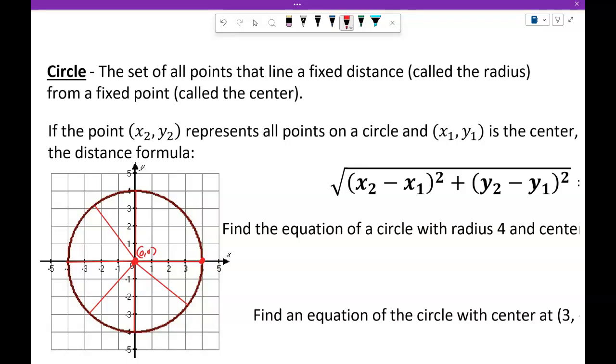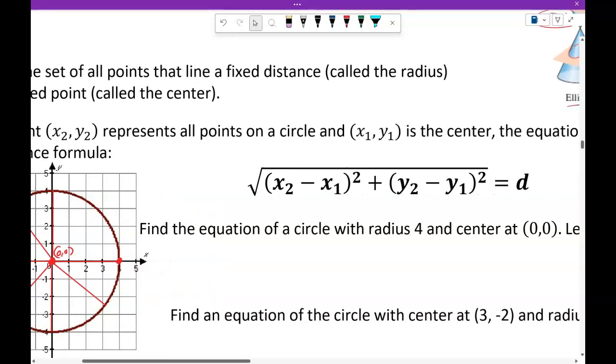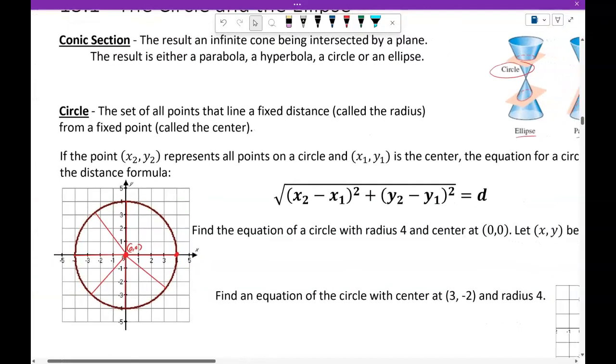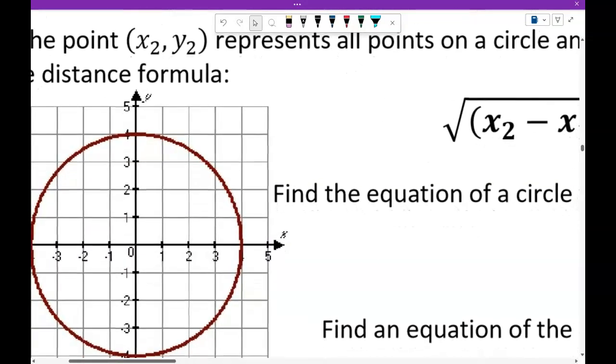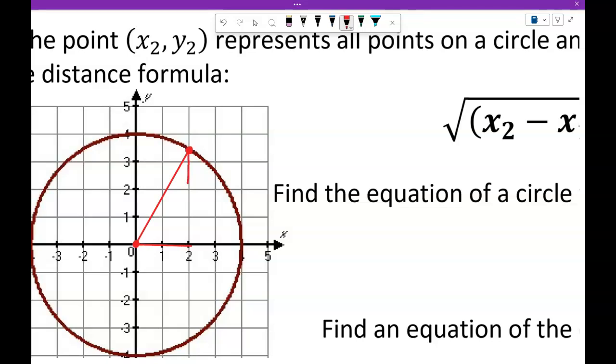Now we can calculate that distance by using our distance formula, which is just an adjustment off of our Pythagorean theorem. As a review, let's look at finding distance. If I want to find the distance from the center to any given point on my circle, say this point here, I can draw a triangle by looking at the x-coordinate and the y-coordinate.